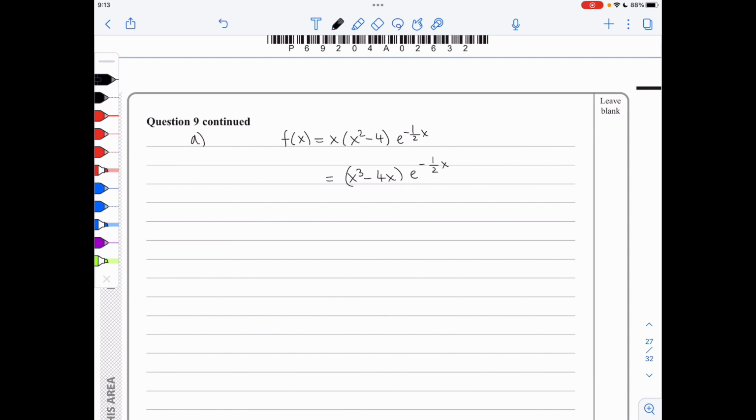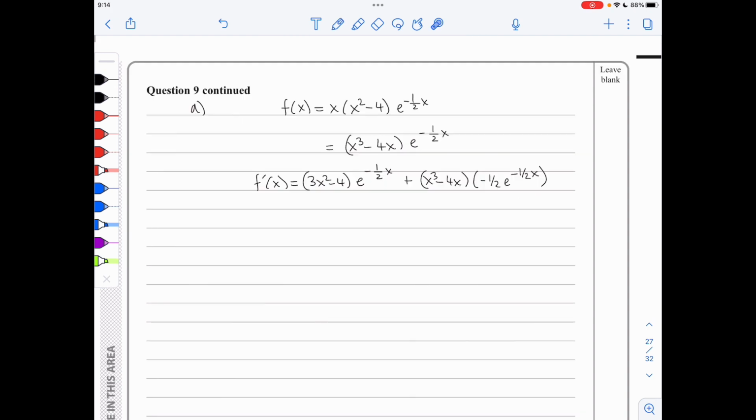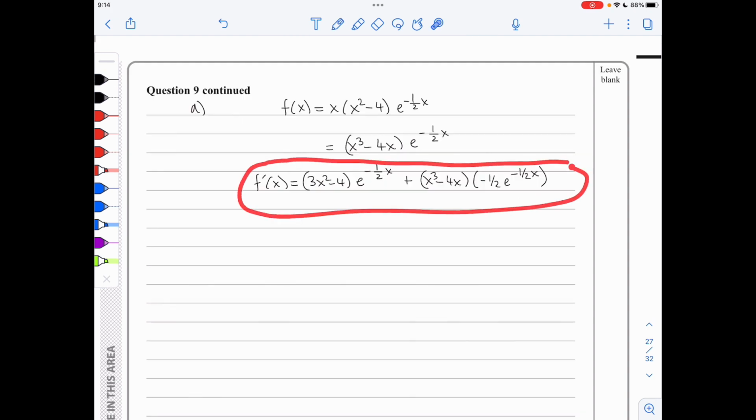And in order for me to find the derivative, I will be using the product rule. So f dash of x, I differentiate the first and I keep the second, and then I keep the first and I differentiate the second. The derivative of e to the minus a half x is minus a half e to the minus a half x. So we have just found an expression for f dash of x.